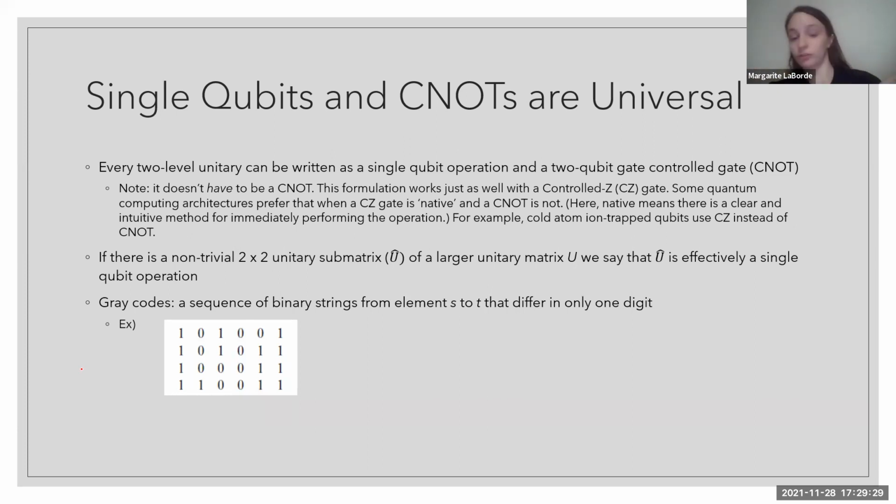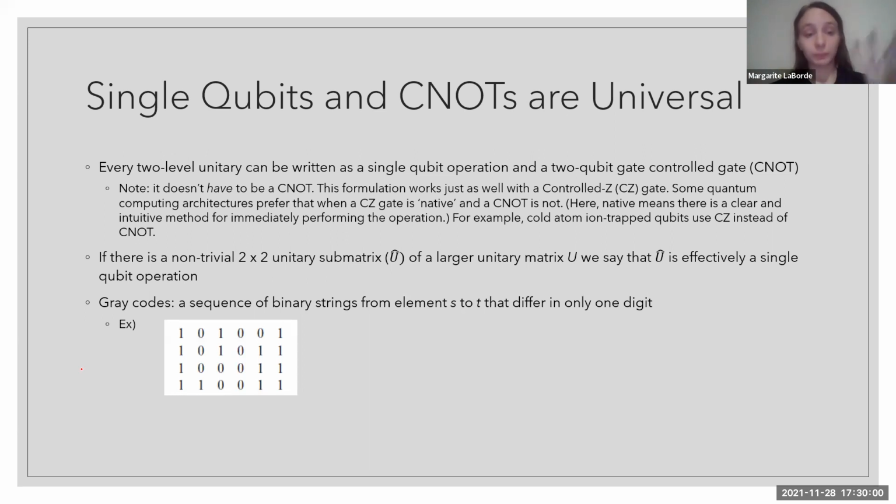So that means that you can just implement them. You don't really need to break them down or alter them. And sometimes you'll see your universal gate sets swapped out slightly between CNOT and CZ, just based on what architecture and what gates are native. So here we're going to talk about how you can break everything down into single qubits and CNOTs, but in general you can swap out CNOT for a controlled Z instead, and everything works.